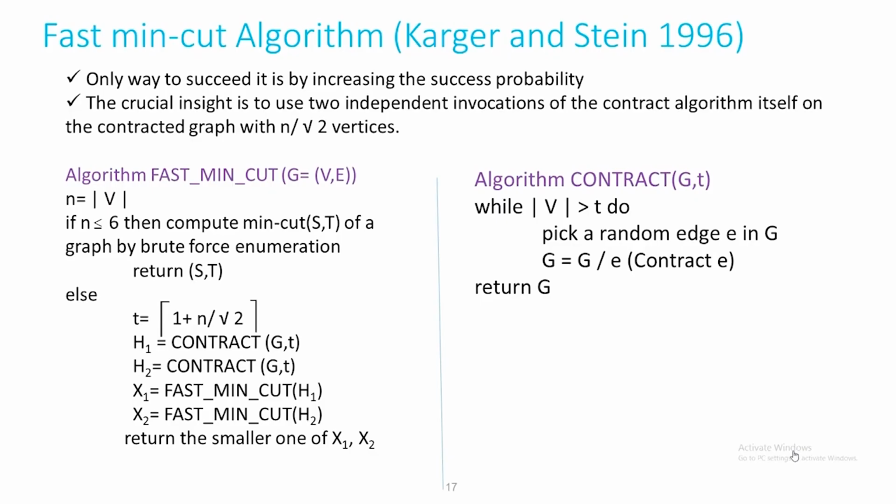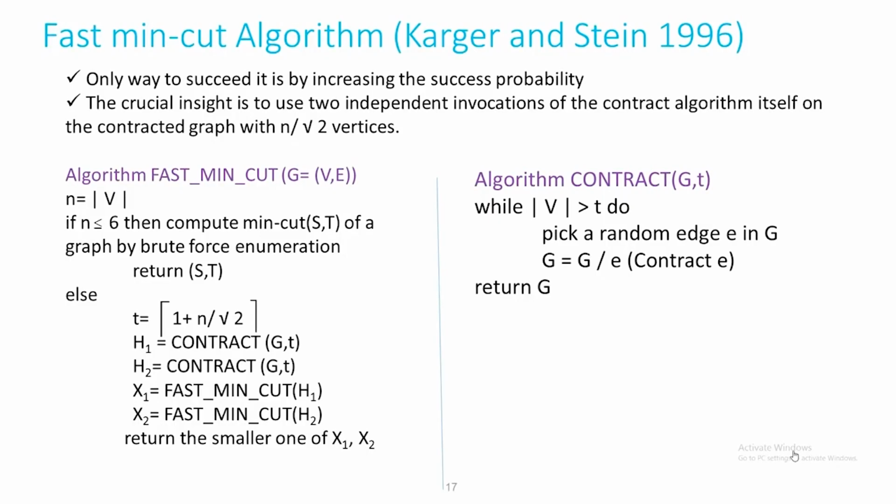The algorithm is like this. See, n is the number of vertices in the graph, the input is a graph, correct. What type of graph? Undirected, unweighted graph. The base condition is: if n is less than or equal to 6, you can use manual or brute force enumeration to compute the min-cut.